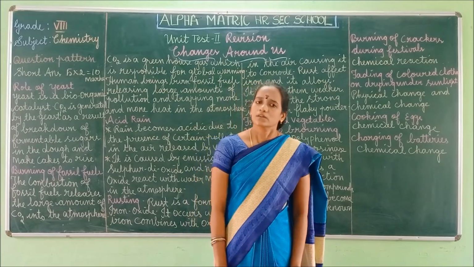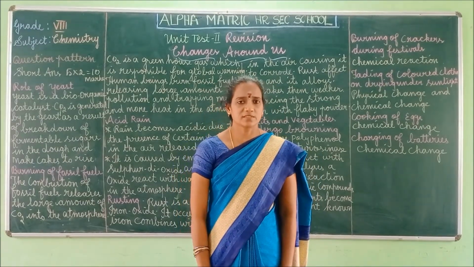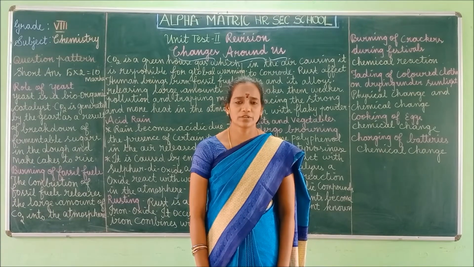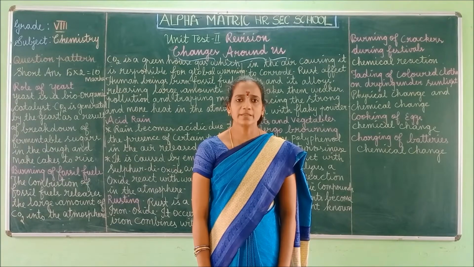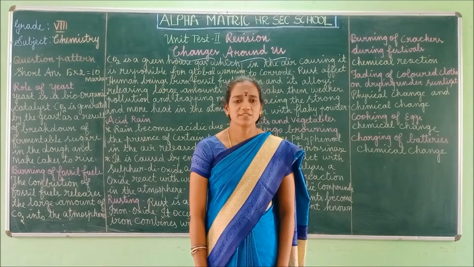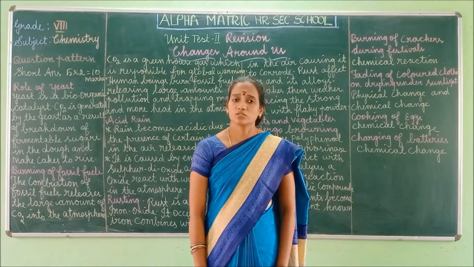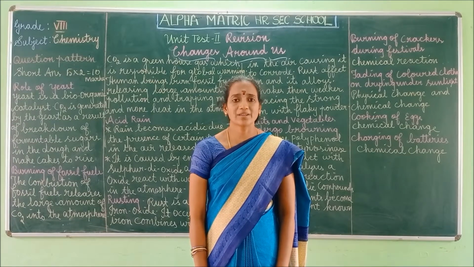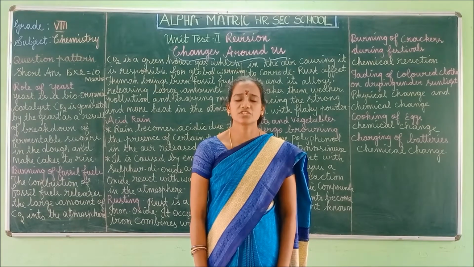You have to read the questions at least twice and put the question number correctly. Presentation is very important, so underline or highlight the important points in that particular answer, and put the question number correctly.